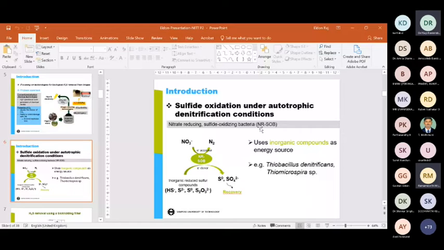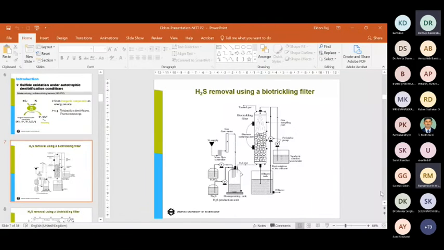Okay, and what we did was we had a nice biotrickling filter, and this biotrickling filter was filled with polyurethane foams. The polyurethane foams acted as a nice packing material because it has high specific surface area, a very good internal pore structure, and it has good moisture retaining capacity. And in our case, we passed hydrogen sulfide in an upflow mode and nitrate in a downflow mode.